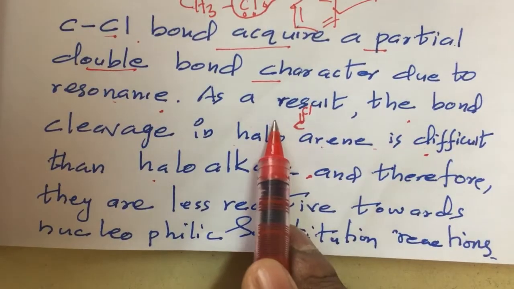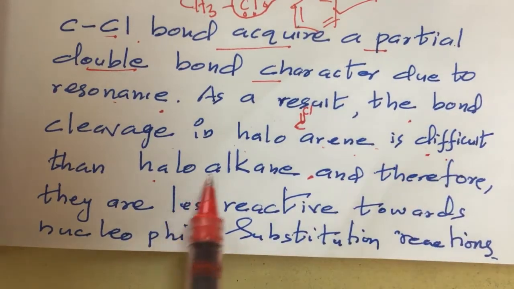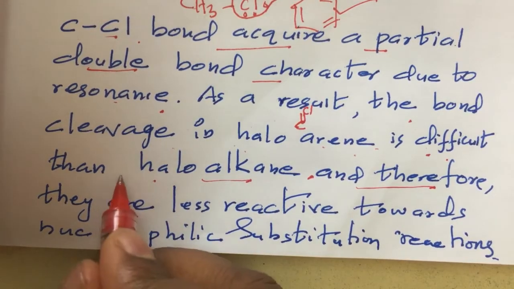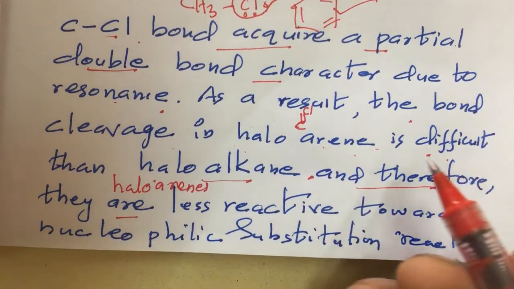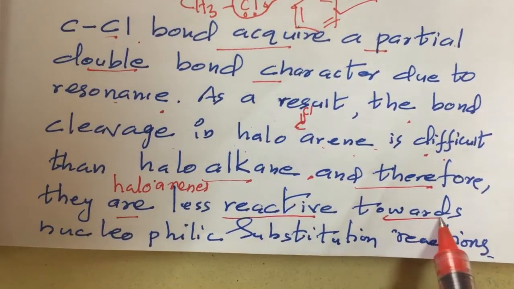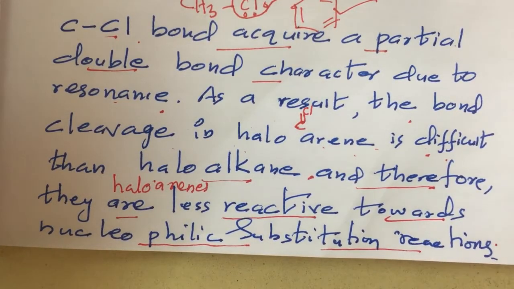As a result, the bond cleavage in haloarene is more difficult than in haloalkane, and therefore haloarenes, for example chlorobenzene, bromobenzene, etc., are less reactive towards nucleophilic substitution reactions. This is the first reason behind the less reactivity of haloarenes towards nucleophilic substitution reaction.